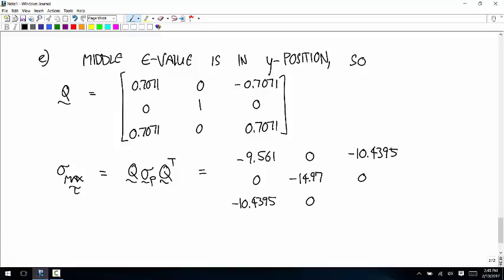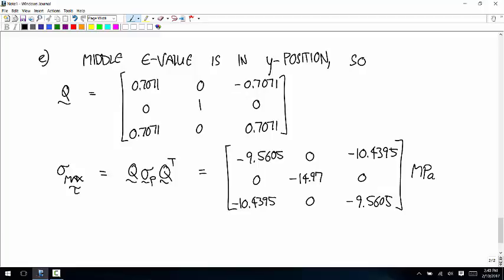Zero. I rounded for no reason. Okay. So this is megapascals. And so what that says is that the maximum absolute value of shear stress is 10.4395.